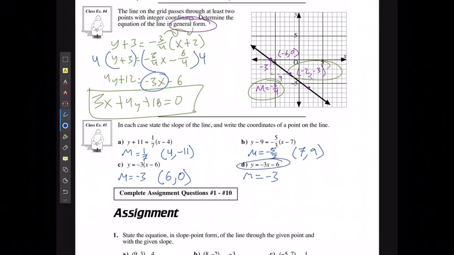And because this is in slope-intercept form, I don't have these brackets like I did in the last one, then that means that this is actually my y-intercept, or b value. So I'm going to state that my coordinate is at 0 and 6, where my y-intercept would be.